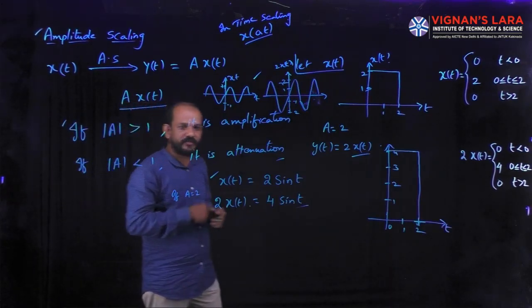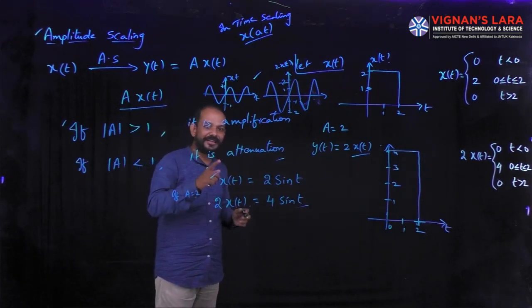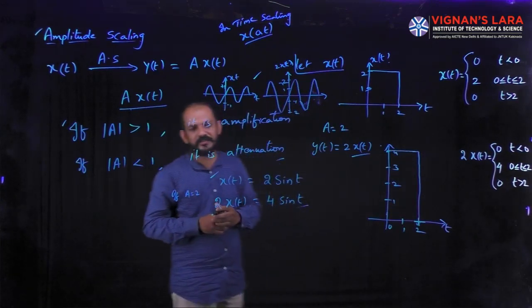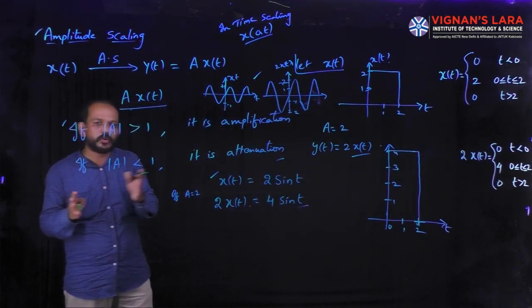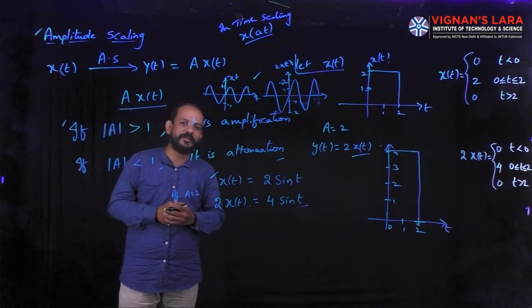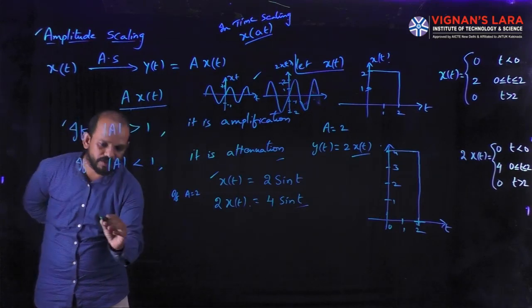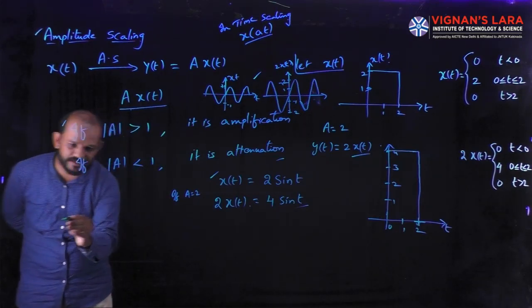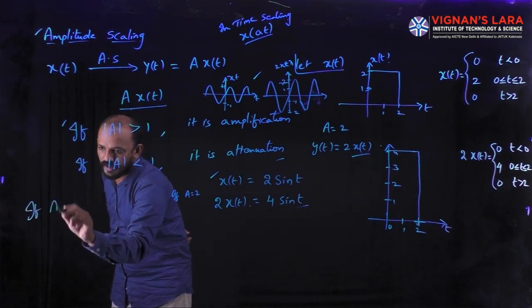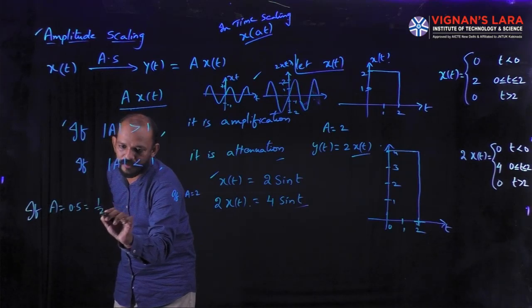In the same way, if the value of A is less than 1, you have to consider a value between 0 and 1, like 0.2, 0.3, 0.5. I am taking the value as 0.5, which is nothing but 1 by 2.